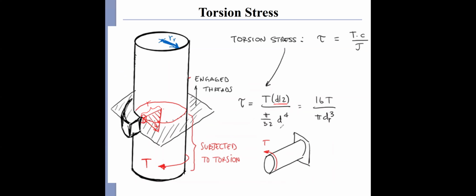The polar moment of inertia of the shaft, a circle, equals pi over 32 times d to the power of 4, and we get the torsional shear stress equals 16 times the torque divided by pi dr cube. We already know the highest torsional shear is located at the surface of the shaft, and at the center of the shaft there is 0 torsional stress.